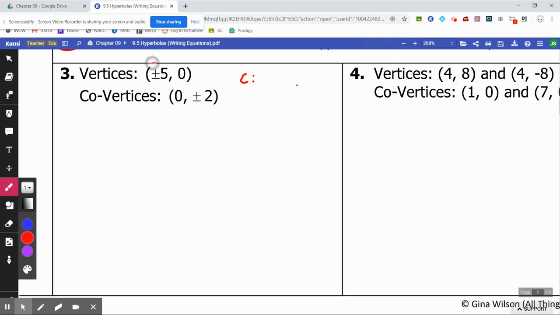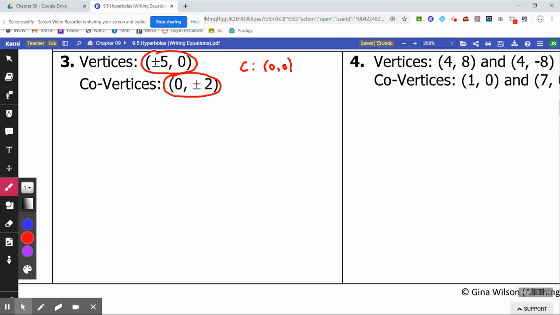The center is going to be the point that's directly in the middle of 5, 0 and negative 5, 0, which will be 0, 0, or the point that's directly in between your two co-vertices, which is still going to be 0, 0. So now let's find our A value and our B value. Your A value is the distance from the center to your vertices, which will be 5. The B value is the distance from your center to your co-vertices, which will be 2.